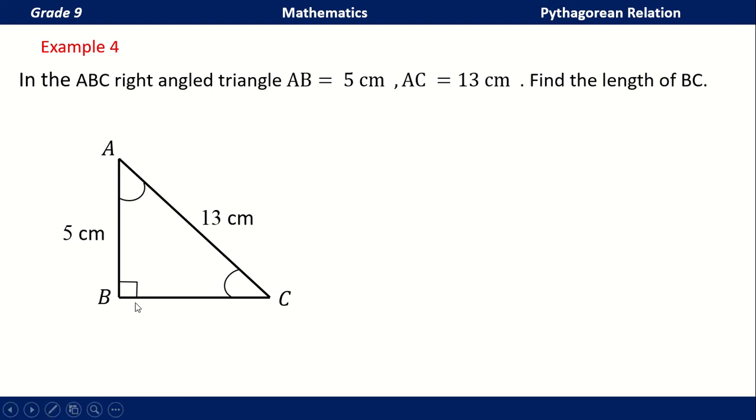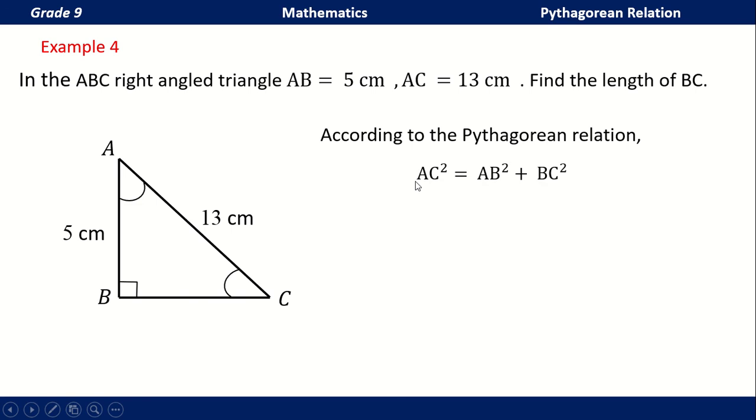Okay, same as previous. You can apply the Pythagorean relation for this right angle triangle. The square drawn on the hypotenuse gives AC squared equals AB squared plus BC squared.